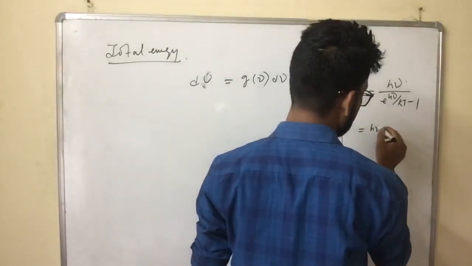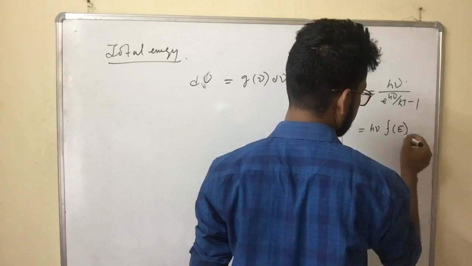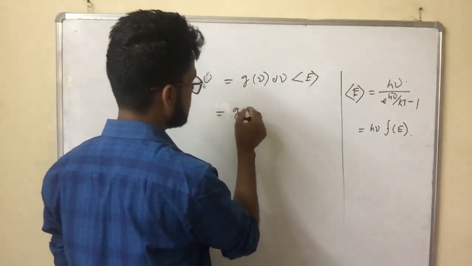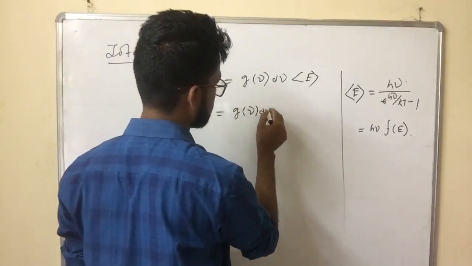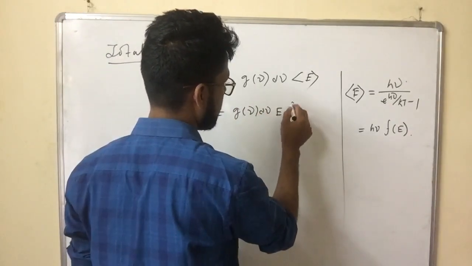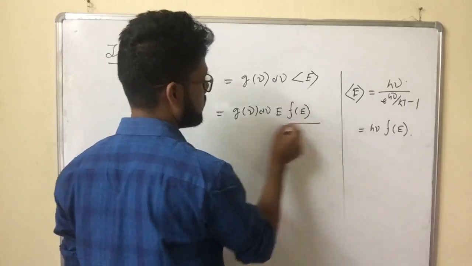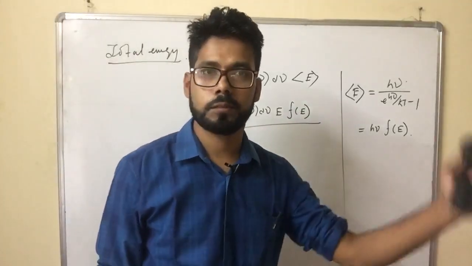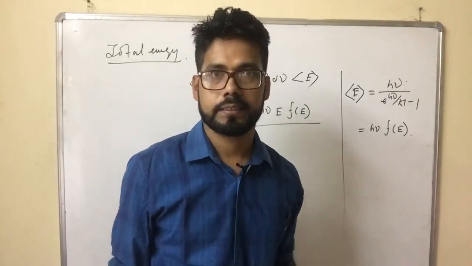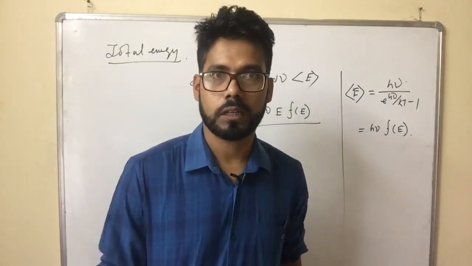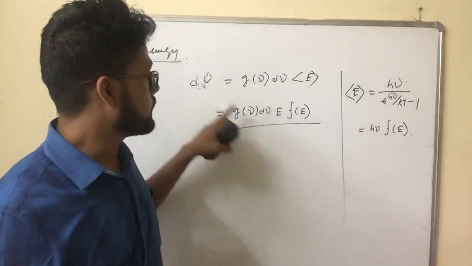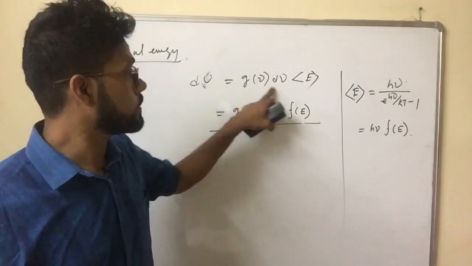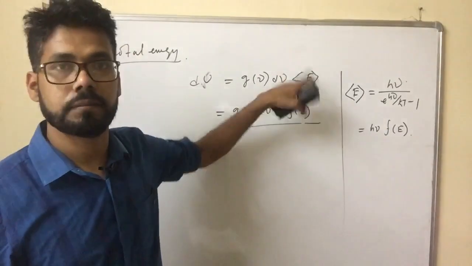So it is hν into the function. In some books that is why it is written as g(ν)dν into E into F. This type of formula is often found in semiconductor books, like Millman and Halkias or Donald Neamen. If you study Neamen, you will find energy like this: E into F, or you can say density of states into average energy. Both are the same.